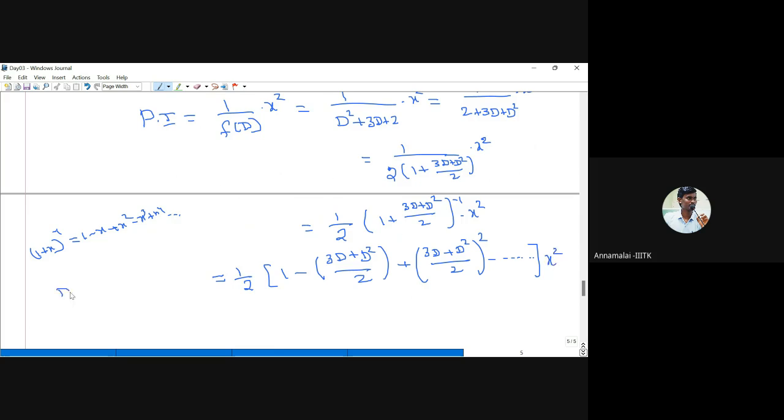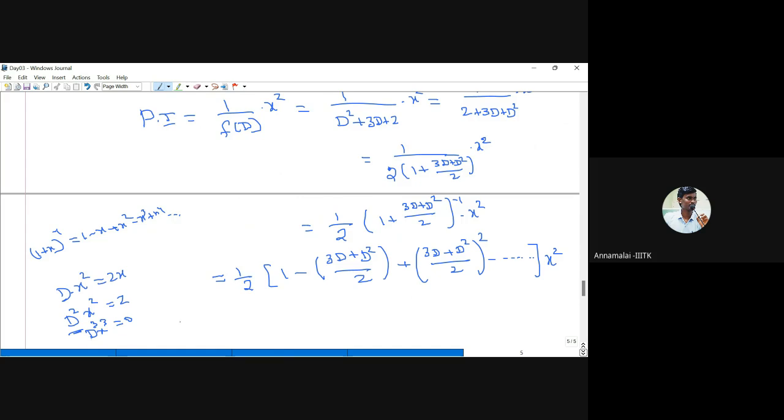But the derivative of x square is 2x. Again, if you differentiate, we get 2. If you take the third time derivative, we get 0. So therefore, we can take only up to the second derivative, because after the third derivative, everything is 0.